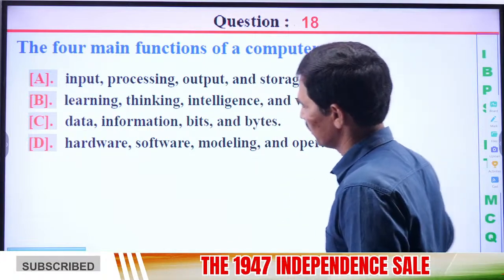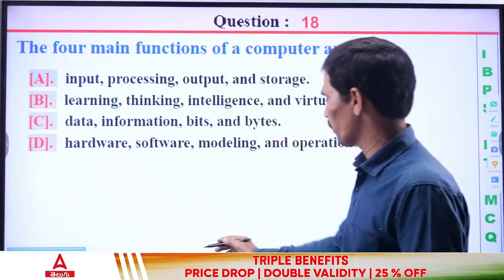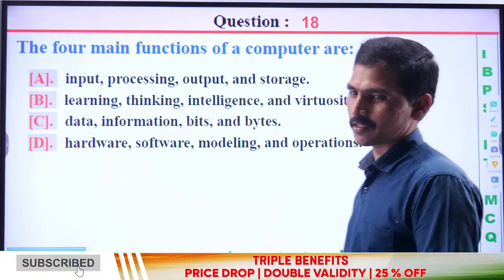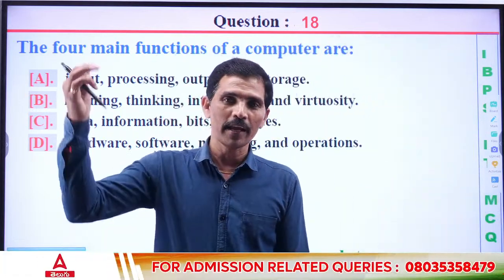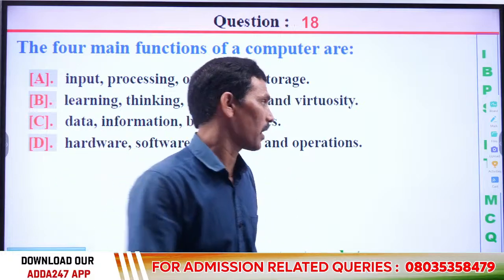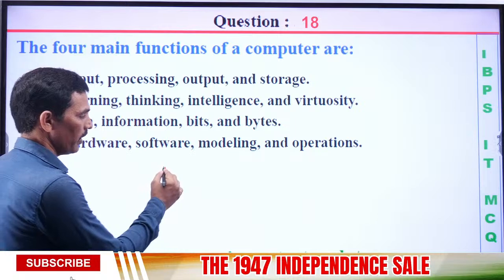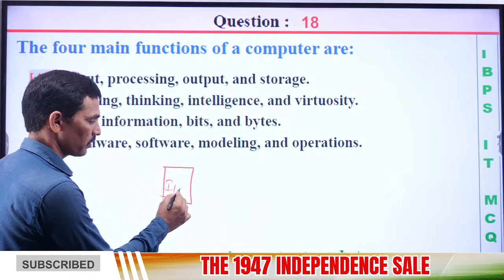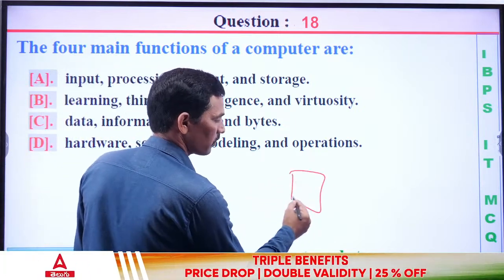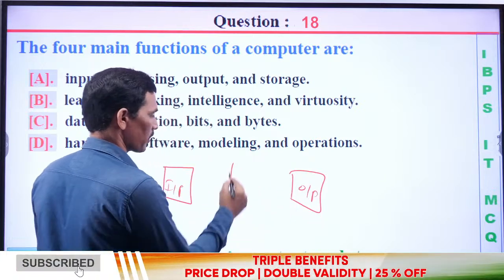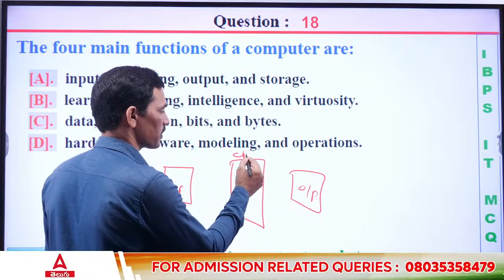Now see that: input, processing, output and storage. I gave this option in my very first session. Computer means it involves an input section and an output section. In a CPU, it will be the processing unit.